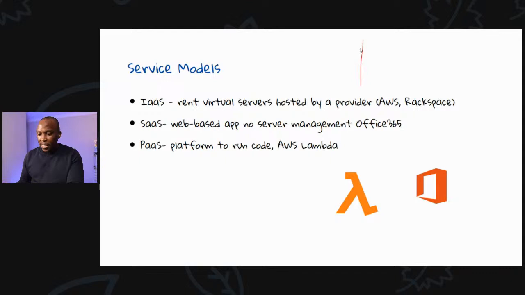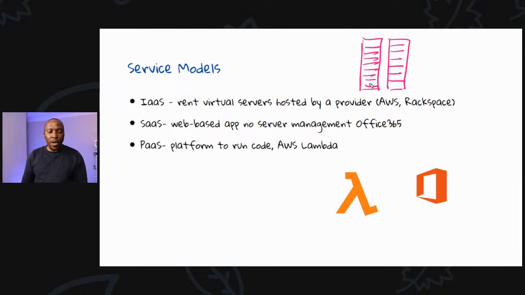A data center is mainly made up of racks, and in these racks, you have server infrastructure going all the way. So with infrastructure as a service, you are renting virtual servers that are hosted by the provider. They own the servers that are connected in the data center.